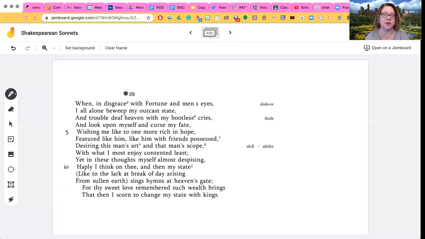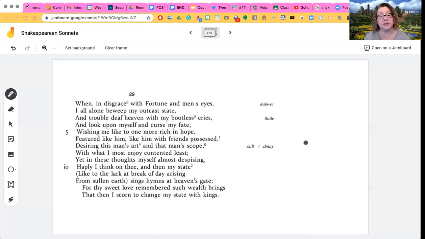Okay, the second one is number 29. When in disgrace with fortune and men's eyes, I all alone beweep my outcast state, and trouble deaf heaven with my bootless cries, and look upon myself and curse my fate. Wishing me like to one more rich in hope, featured like him with friends possessed, desiring this man's art and that man's scope, with what I most enjoy contented least.